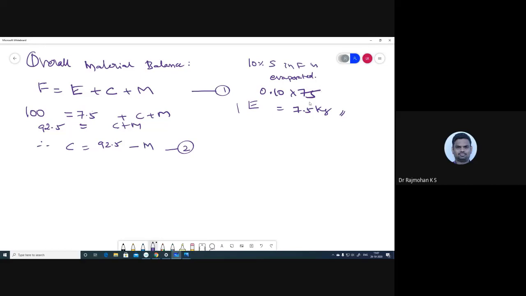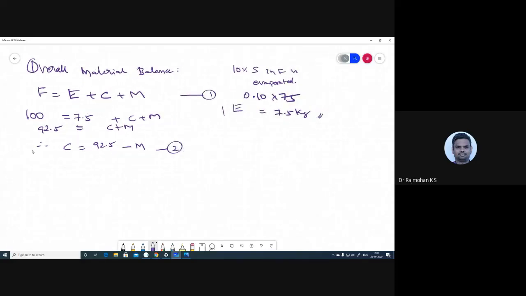Therefore, 75 kg is the amount of solvent that is present in the feed. Okay, therefore what we get is E equal to 7.5. So we are substituting the values to get a relationship between C and M. What is C? It is the amount of crystal that is precipitated out, and M is the mother liquor in kg. Okay, so we are expressing C in terms of M. Let it be 2. So this is the overall material balance. So we have written the overall material balance.